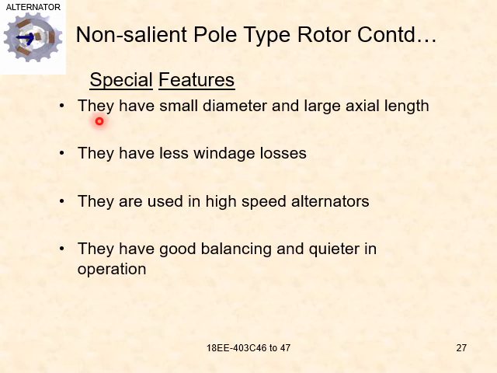The features are small diameter and large axial length, and less windage losses since the whole part is covered. They are used in high-speed alternators, that is in nuclear and thermal, and they have good balancing and quieter operation. It is smooth operation, noiseless operation.